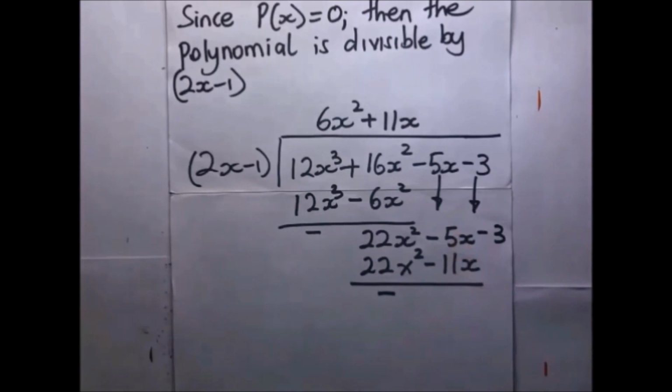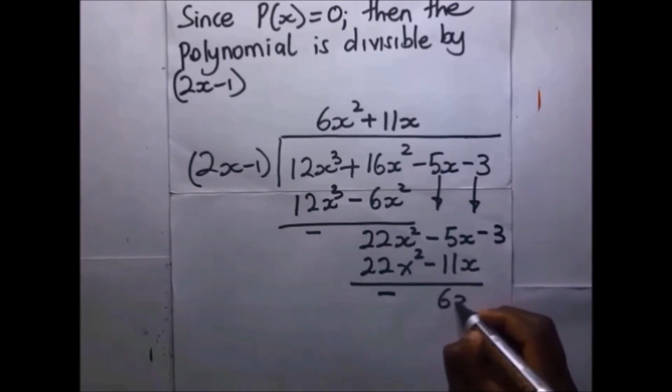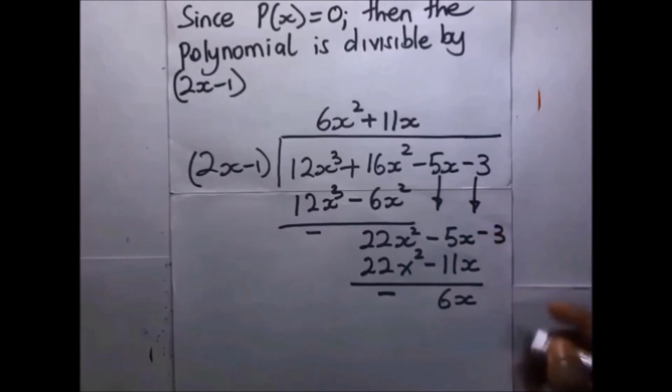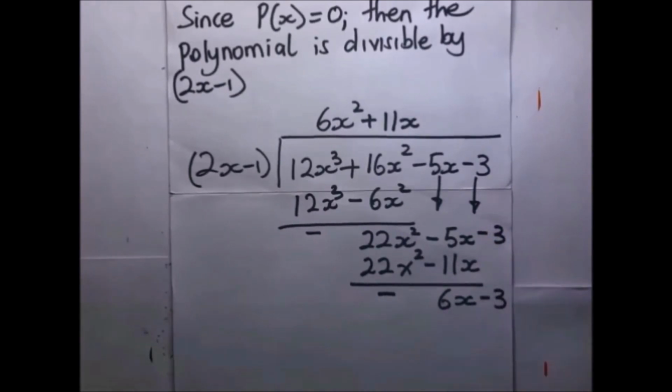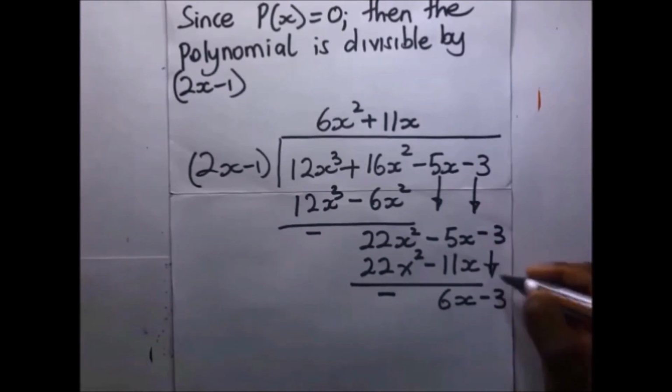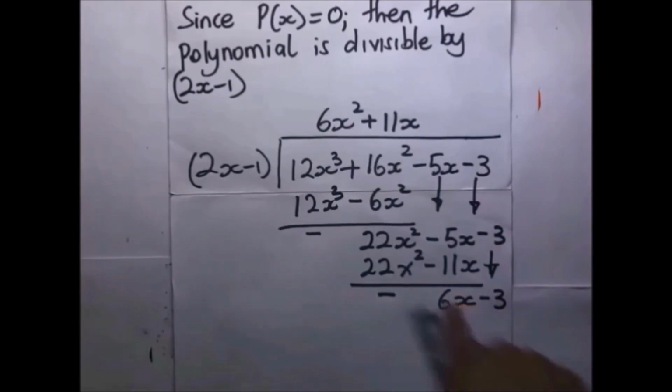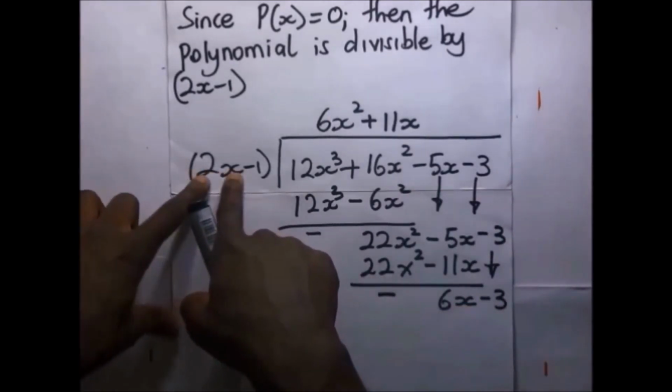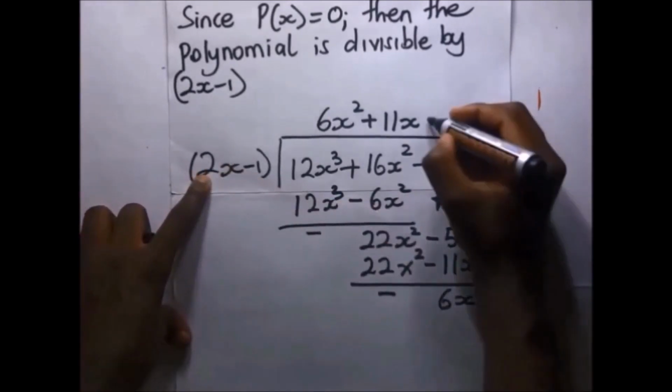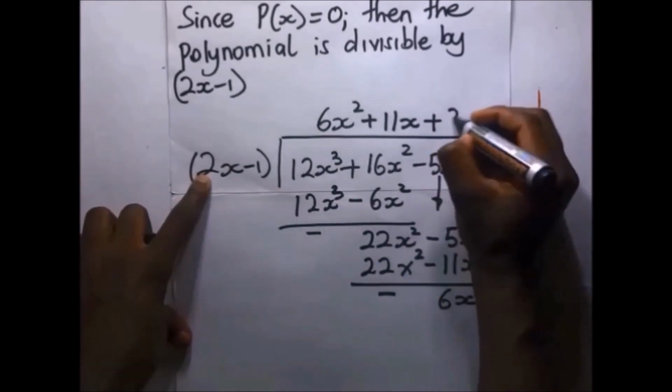Then negative 5x minus negative 11x, we shall end up with positive 6x. Then this negative 3 simply comes down and joins here, minus 3. So 6x divided by 2x will end up with plus 3.